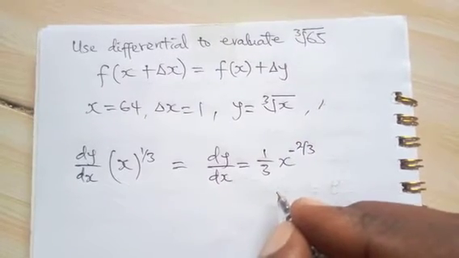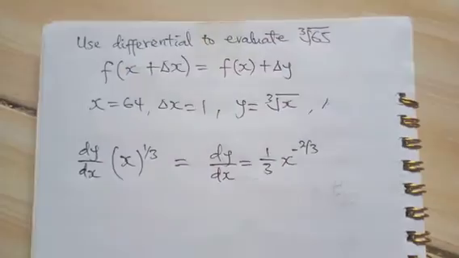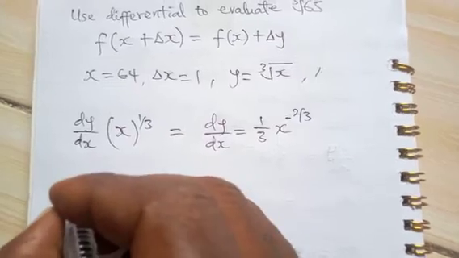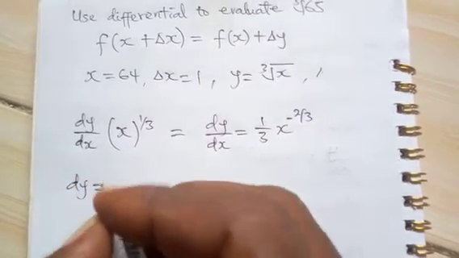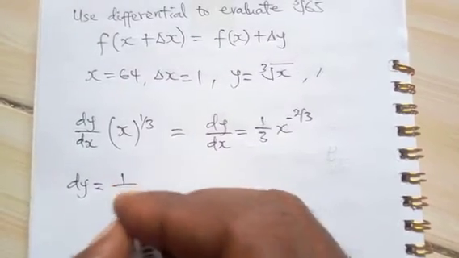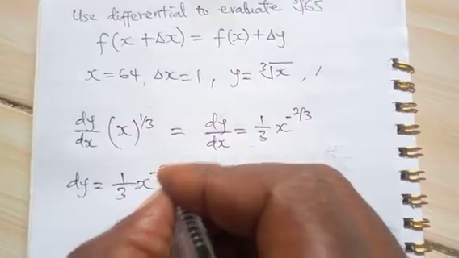If you really don't understand differentiation, you can watch my video on differentiation to understand what we did. So moving on, we can make dy the subject of the formula by cross multiplying.